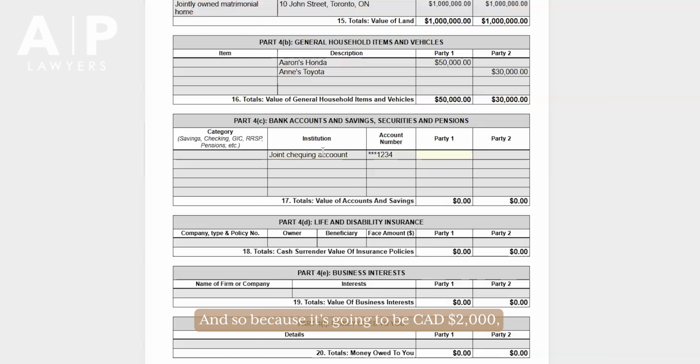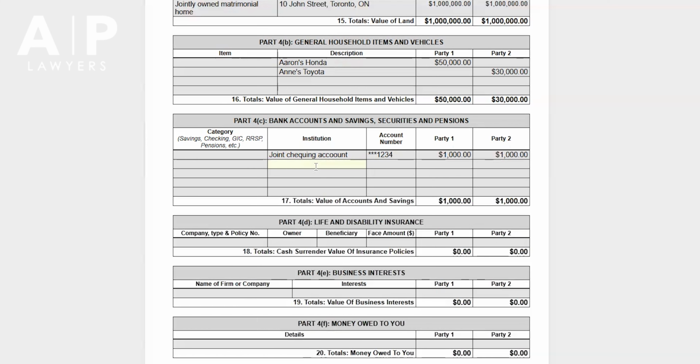Because it's joint, if it had $2,000, we're just going to give each person $1,000 each. And then let's say Aaron has a savings account that's his alone. As you can see, you could add the checking, savings and all of that there, but I'm just trying to go through this quickly and easily.